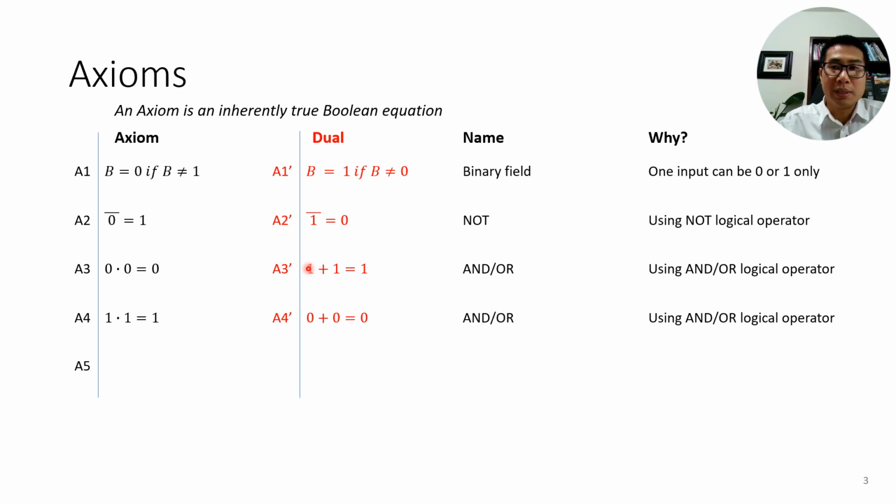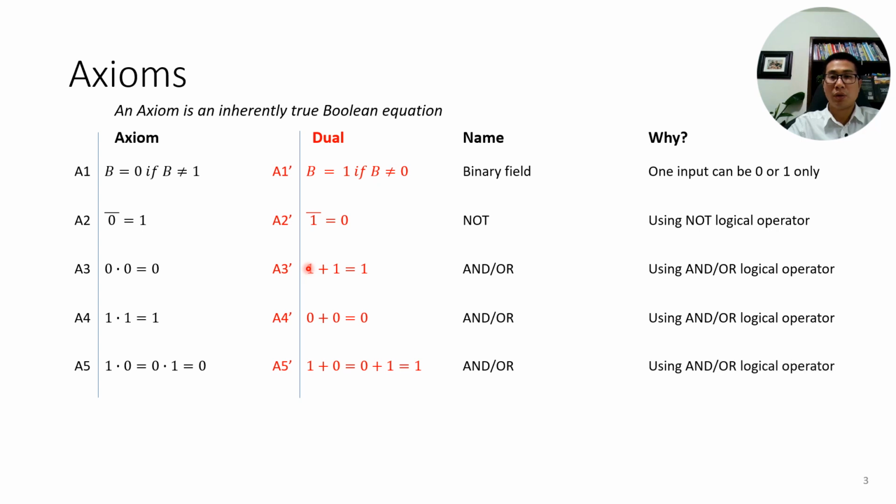Then the next one is A5. So you have 1 AND 0 is the same as 0 AND 1, which is 0, and its dual form will be 0 plus 1, or 1 OR 0 is the same as 0 OR 1, which is 1. And this one also uses the AND and OR logical operators.